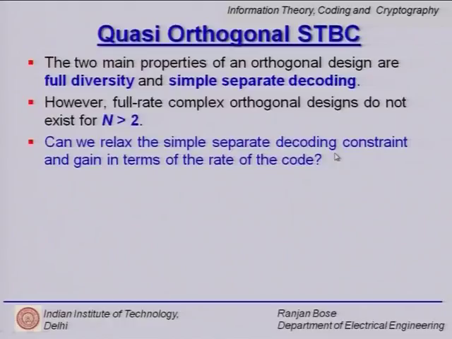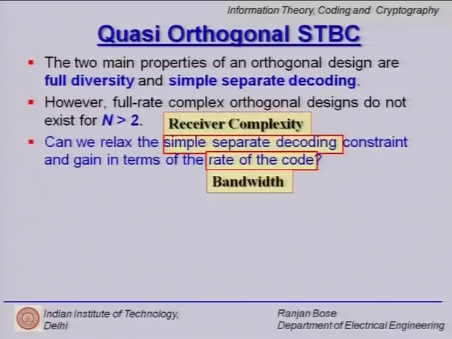Which is more important? Separate decoding constraint, which has a direct implication on decoding complexity, or the rate of the code, which has a direct relationship to bandwidth. So, on one side we have to weigh whether we would like to gain in terms of bandwidth or we would like to reduce the receiver complexity.